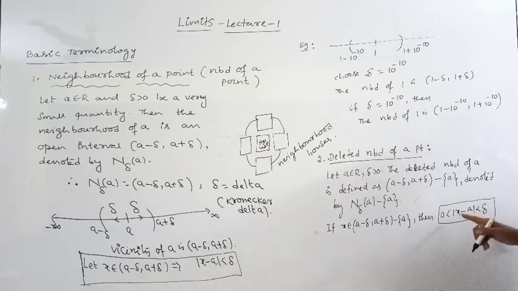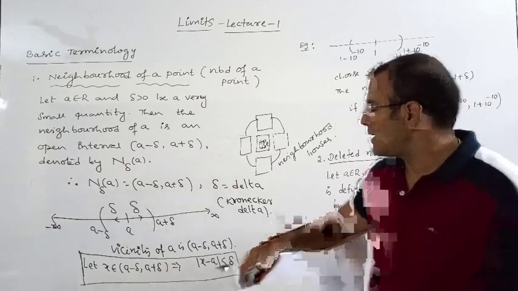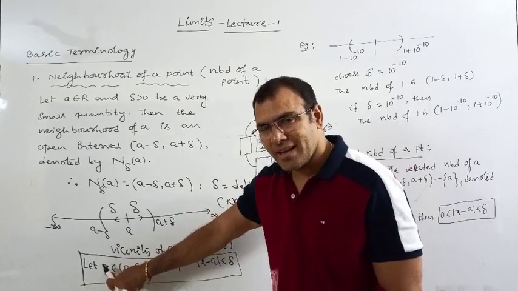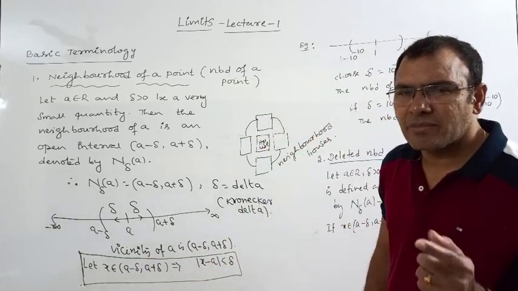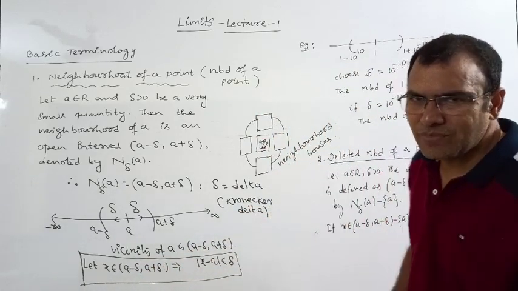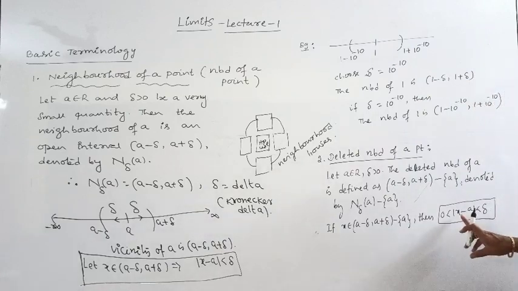Means the distance between X and A should be greater than 0. Here X can coincide with A. In that case, the distance between X and A is 0. Right. Here, the distance between X and A cannot be 0. It should be strictly greater than 0, but less than delta.